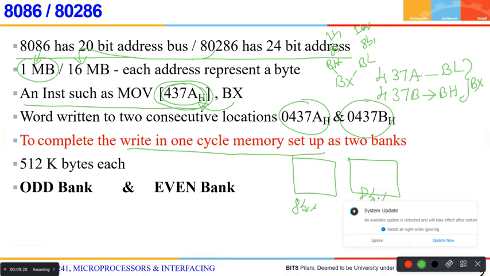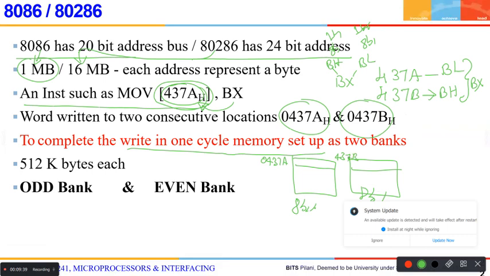So how does it write the 16-bit data? We are going to design a memory in such a way that this memory device will hold 437A and this memory device will hold 437B.